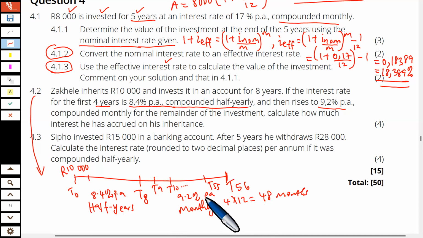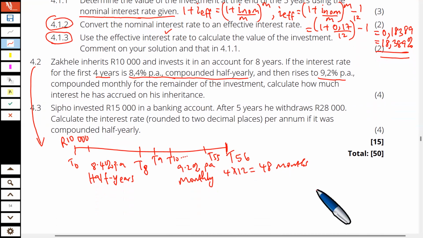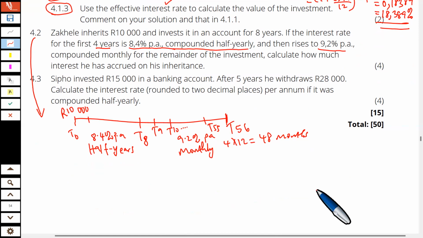Okay, we continue. Right, so you have T8 like that. So Zakele now inherits 10,000 and invested in an account for 8 years, and the interest rate is that. I'm giving you 2 more minutes to have analyzed it. Now it's pretty obvious, and we can just do it easily from here.